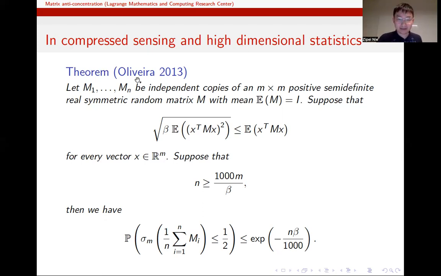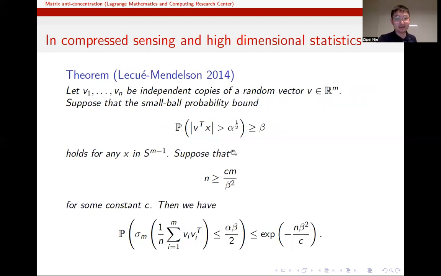In Oliveira's result, this assumption on the moment is strictly stronger than the small ball probability assumption. And in Liu and Mendelson's result, they are working on rank 1 positive semi-definite matrices, and they use the small ball probability bound.